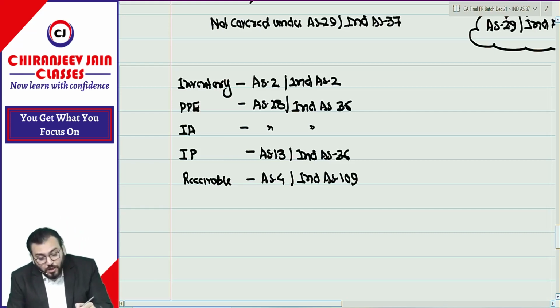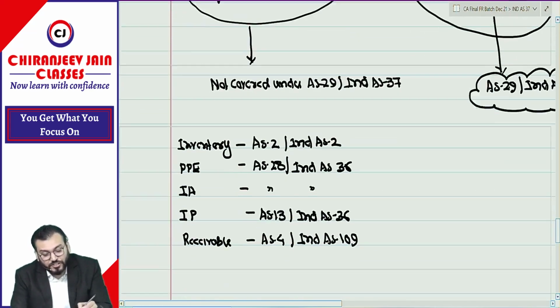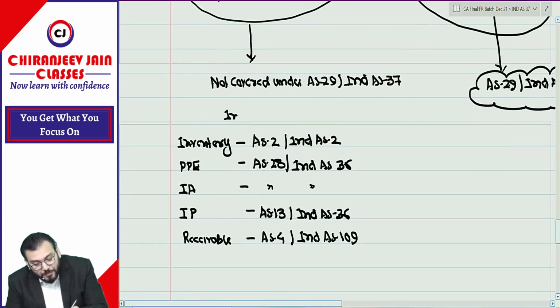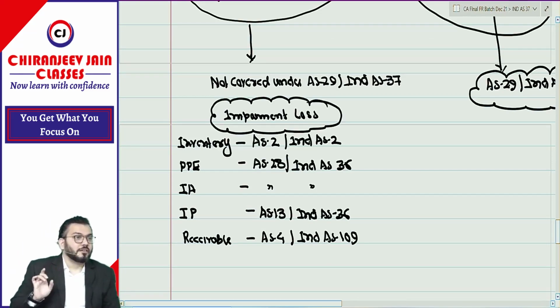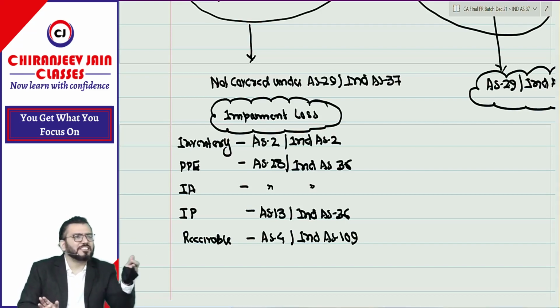And all these losses are known as what? Impairment loss. Now it is known as impairment loss. So we will call it impairment loss for such assets. Understood? Now what will be the accounting treatment in the respective Ind AS?